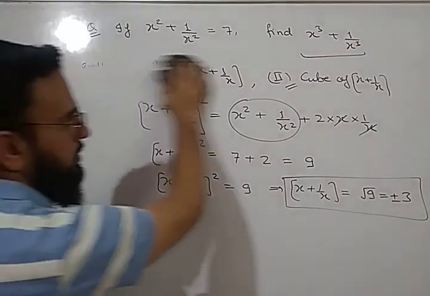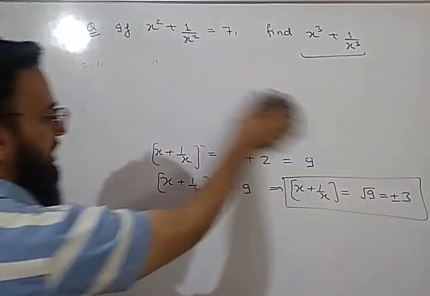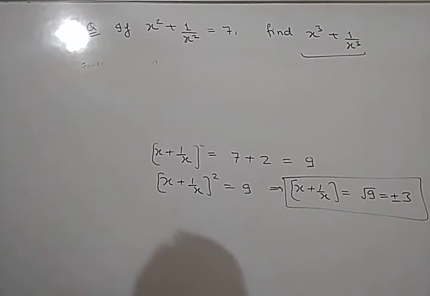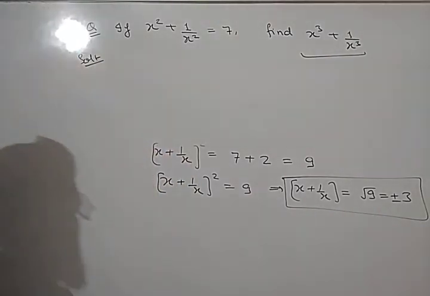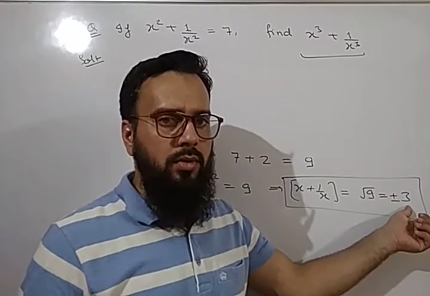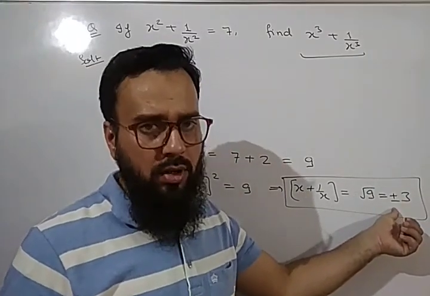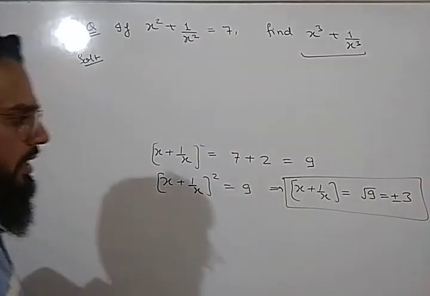You have got the value of x + 1/x, which is equal to plus minus 3. Now, since the question is long, you can directly put only the plus 3 value. You can check by both the values also, but we will put only the plus 3 value to get the answer.